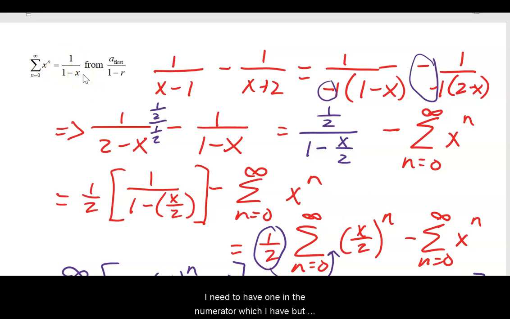I need to have 1 in the numerator, which I have, but I'm not starting with a 1 in the denominator. I need to reverse the order of the terms in the denominator by factoring out a -1. Factoring out a -1 will lead to a double negative on the second one, circled in purple. This will let me rewrite it in the opposite order, 1 over 2 minus x minus 1 over 1 minus x.